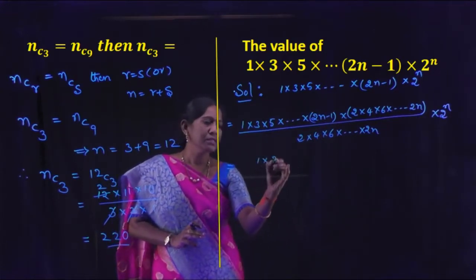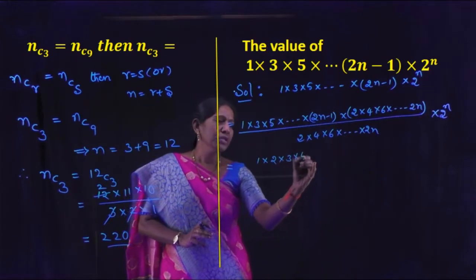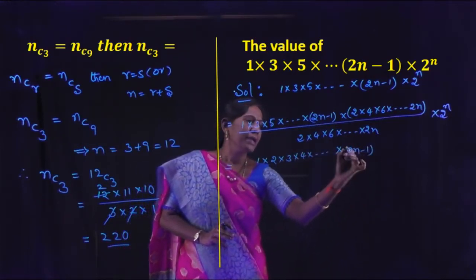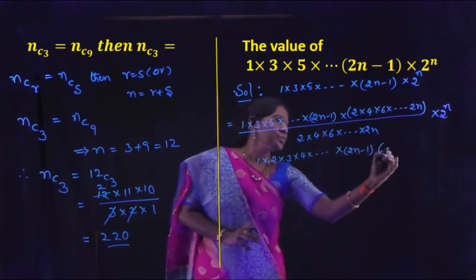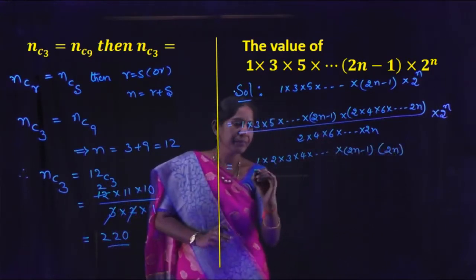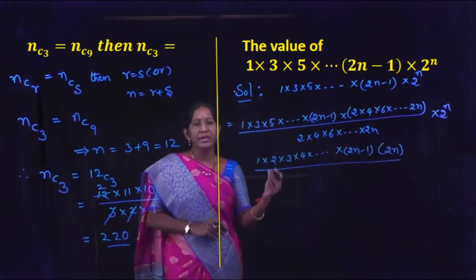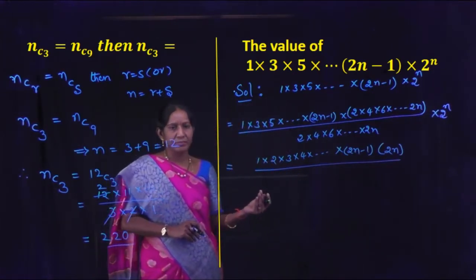Come to the denominator part, 2 into 4 into 6 and so on, 2n is there.